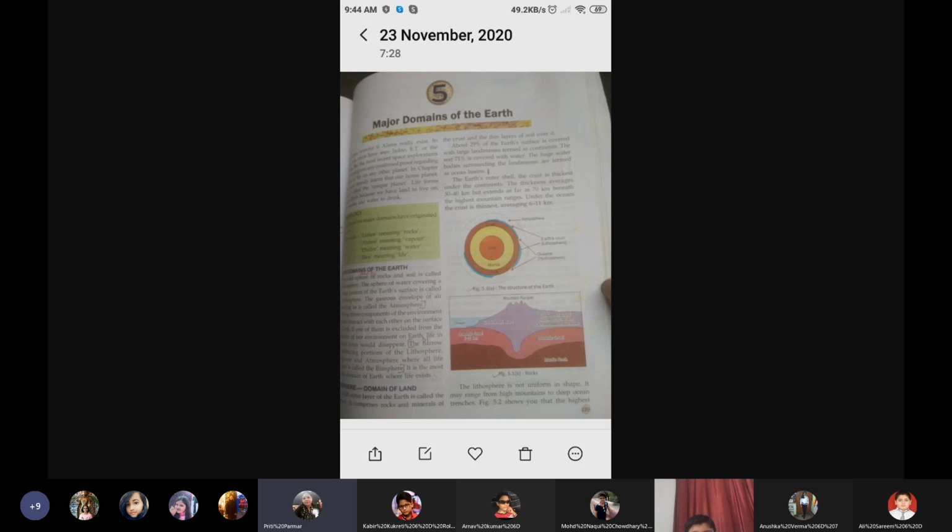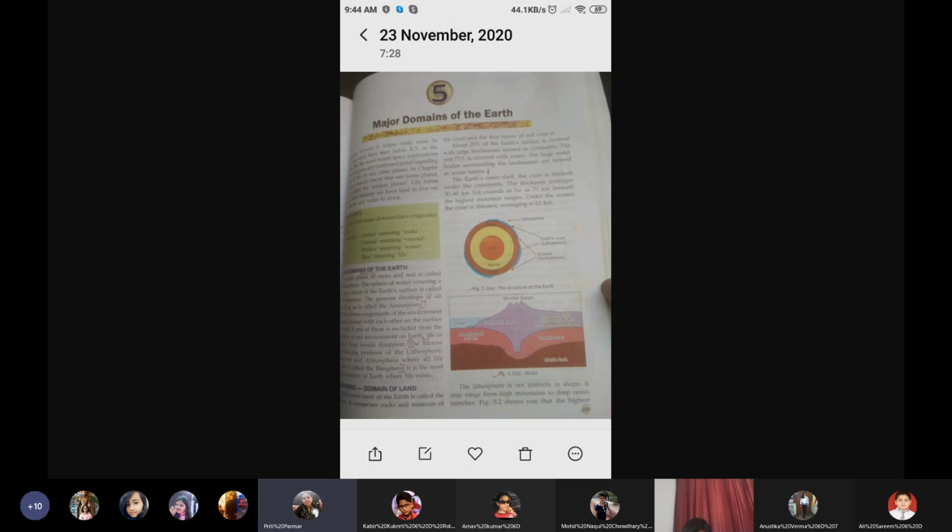When we look at the Earth from a satellite, we know that the earth is made up of two components: the land area, that is lithosphere, and the huge land masses, which are called continents. The other part of the earth is made up of water. 71% of earth is made up of water. That is why it is a blue planet.